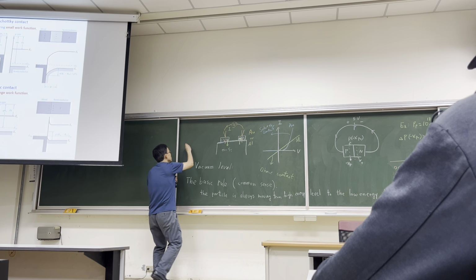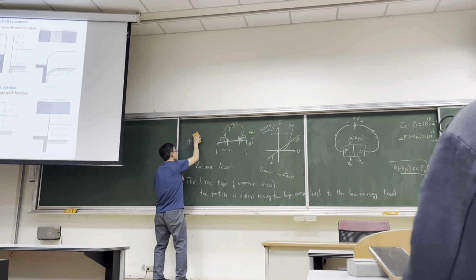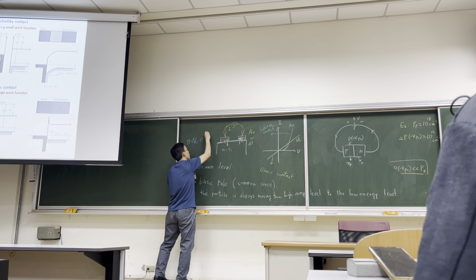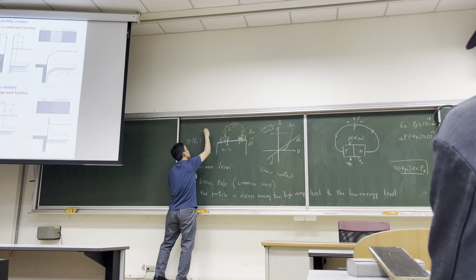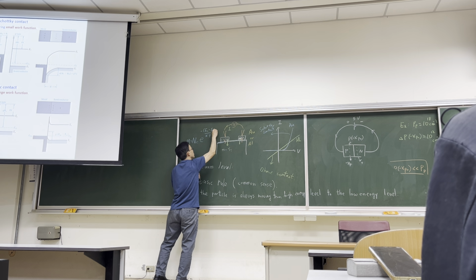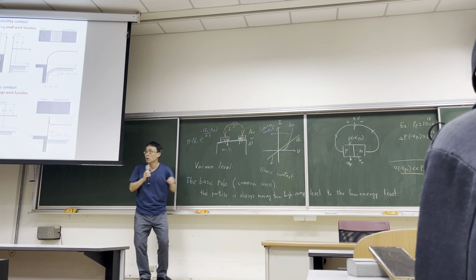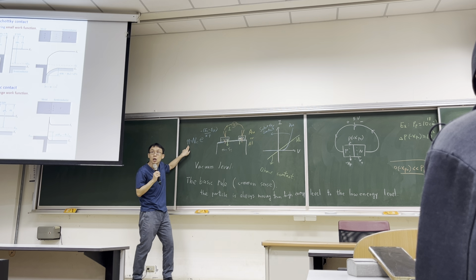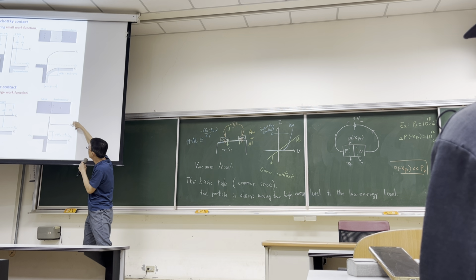Because you know n equals Nc times exponential of minus (Ec minus Ef) over kT, right? So you can see the distance between the conduction band and the Fermi level is determining the electron concentration. Right? So always pay attention to the distance between the Fermi level and the conduction band.